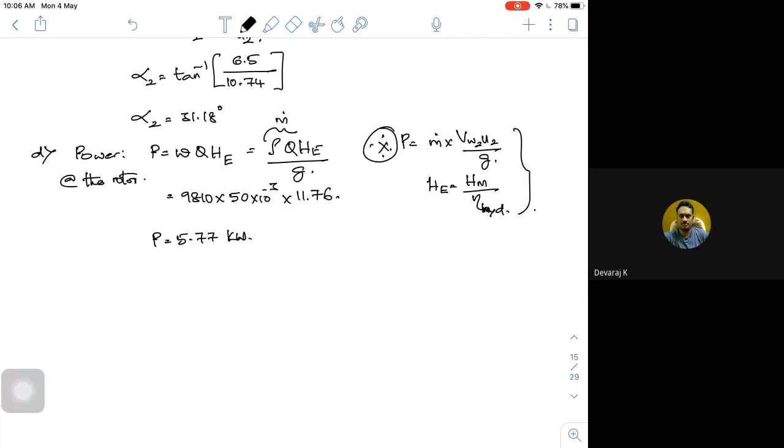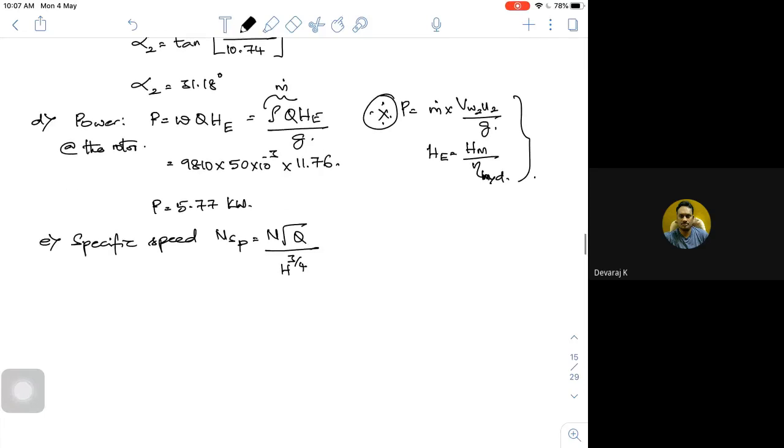So what is the formula? Specific speed. The last thing is the specific speed. The formula is NSP is equal to N root Q by H to the power of 3 by 4.